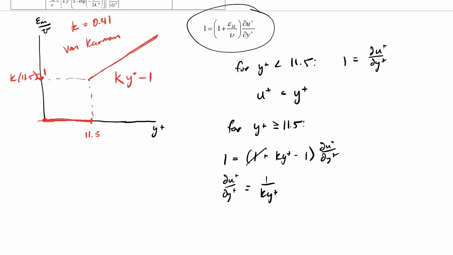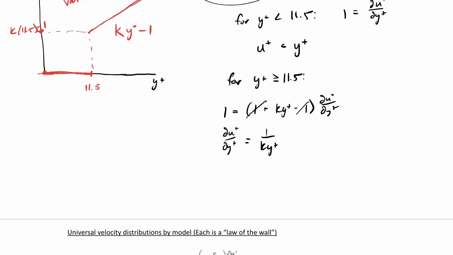The 1 and 1 go away. Solving for that, we end up with du plus equal to dy plus over kappa y plus. We separate for u and y, so that gives us a relationship for the velocity profile here. We can now integrate these two things.